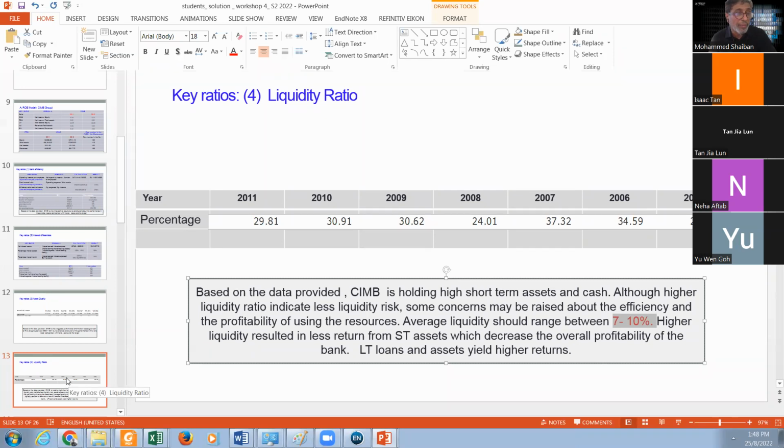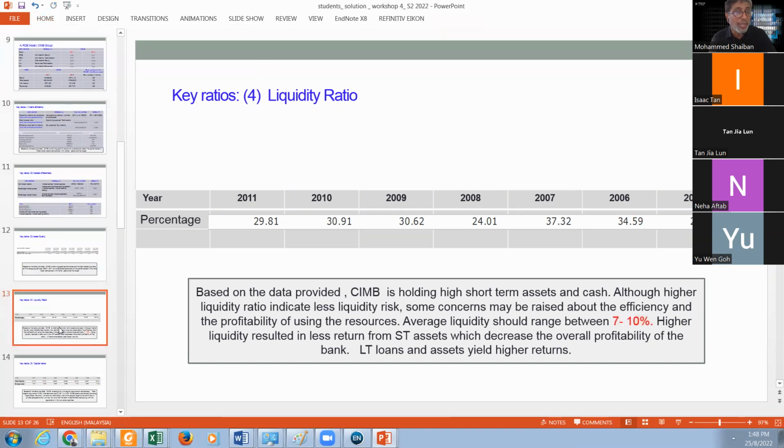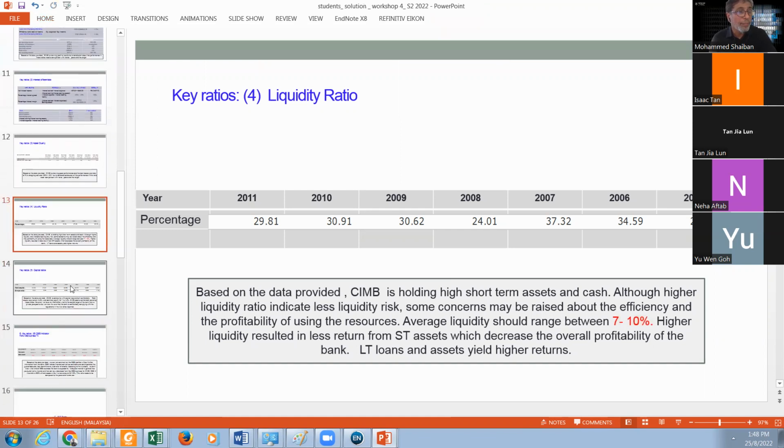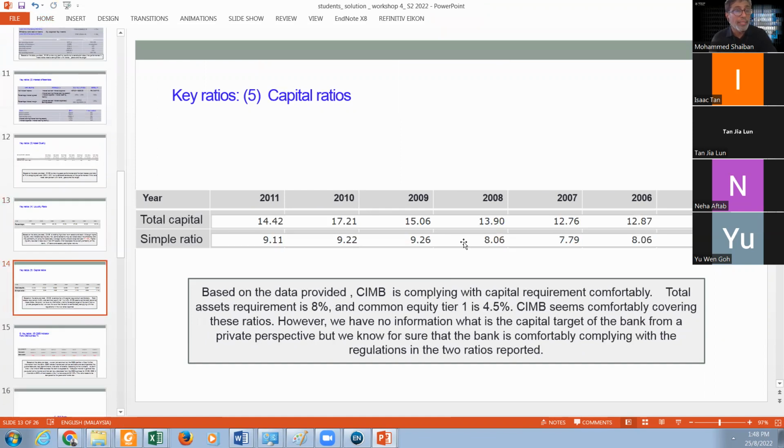Now, if I come to the next question, the capital risk. According to Basel III, the total ratio is 10.5%, but during those years it was 8% actually, and the CET1 ratio is 4.5%.